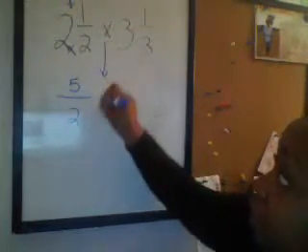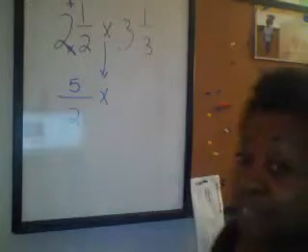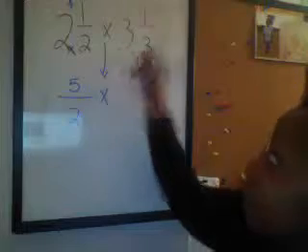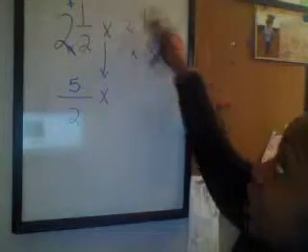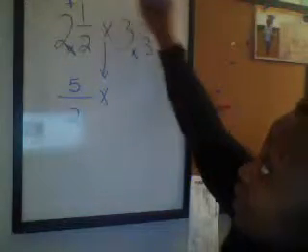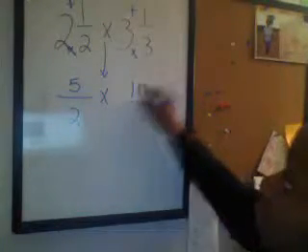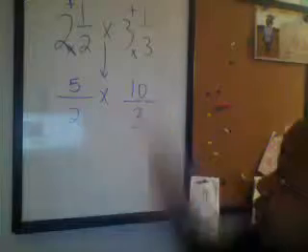Bring down your multiplication sign. Now I have to do the same thing to this mixed number. 3 times 3 is 9. 9 plus 1 is 10. So I just added 1. So now it's 10 over, denominator stays the same, 3.